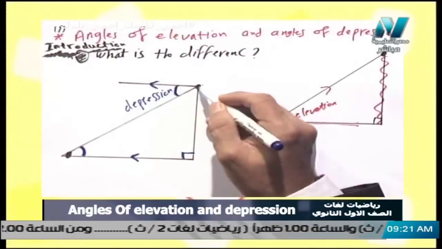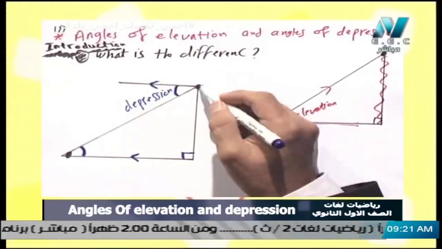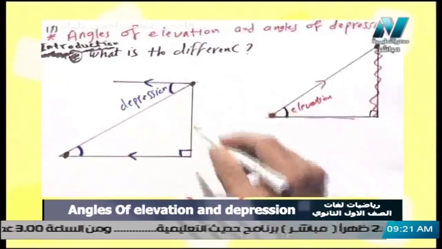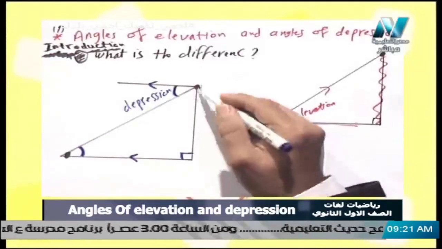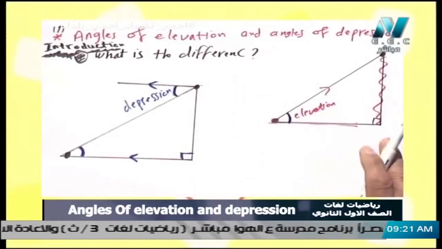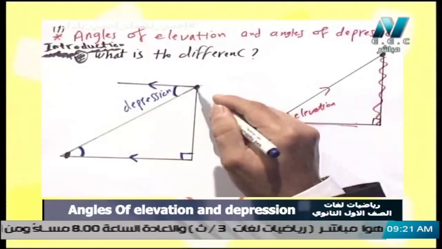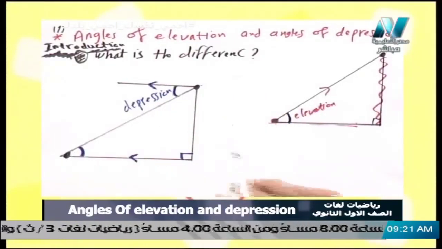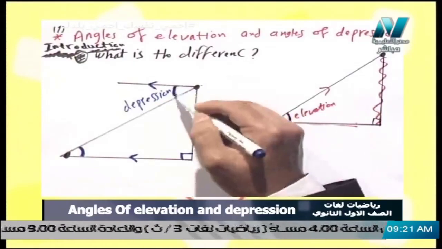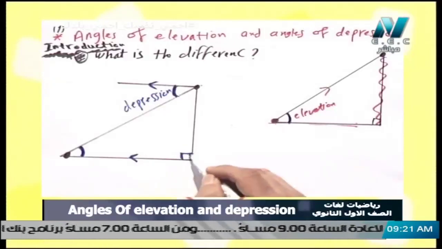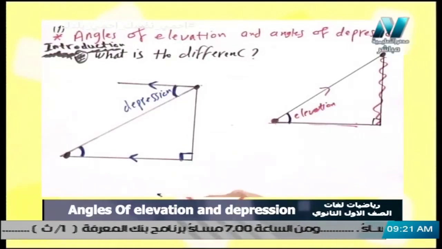But if someone is on top of a tower or a rock or anything high, looking at something on the ground, then this angle will be the angle of depression, which is equal to this angle, and we have a right angle triangle here.